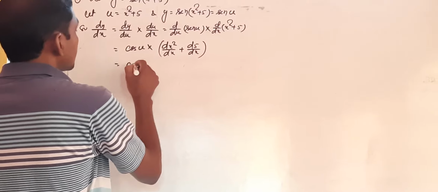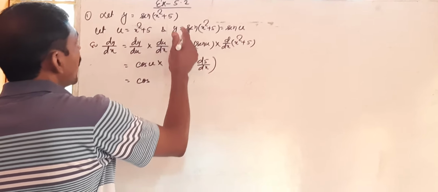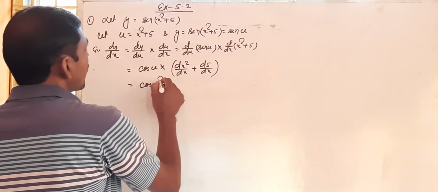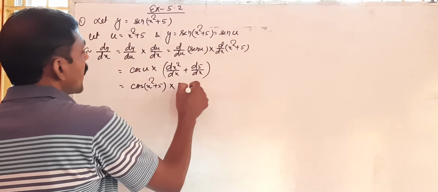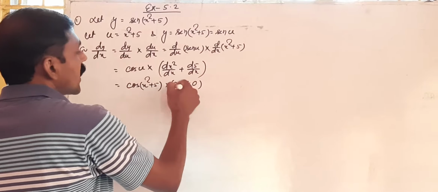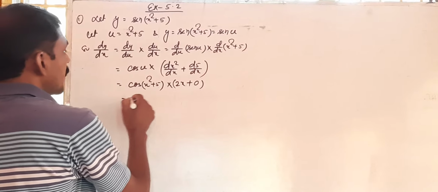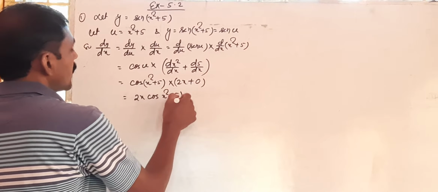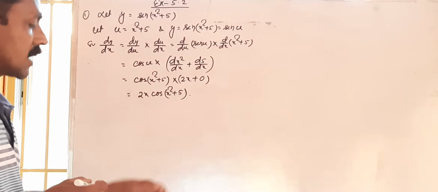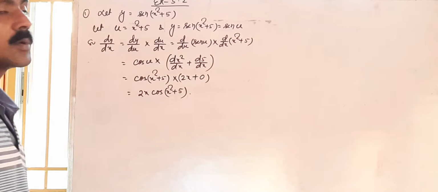So it is cos u, where the value of u is x square plus 5, into the derivative of x square, which is 2x, and the derivative of a constant is 0. So the answer is 2x cos of x square plus 5. These are the steps if you use the substitution method.